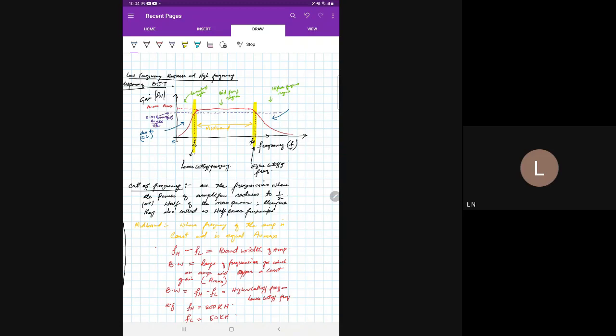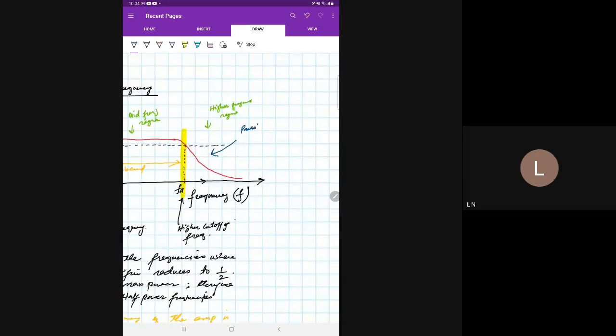The gain in the high frequency region decreases because of parasitic capacitances of the network and active devices, and the frequency dependence of the gain of the transistor.